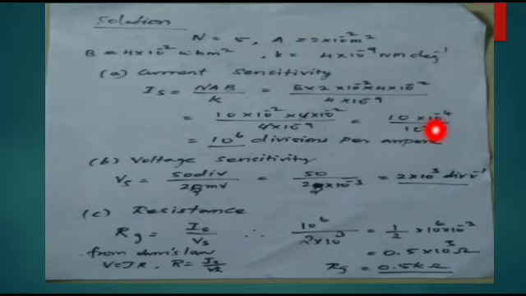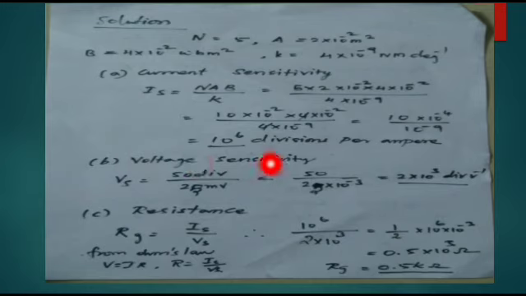Simplifying, we get 10 power 6 divisions per ampere. So the current sensitivity is 10 power 6.